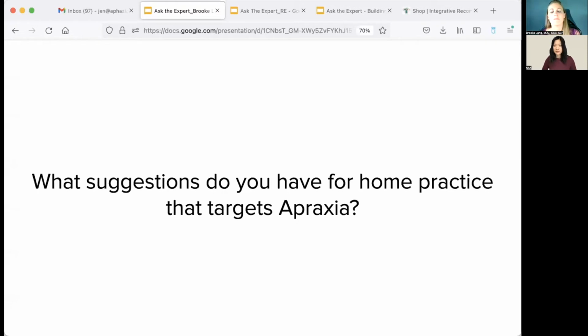So, in case for anybody who's listening who's not sure of the difference, apraxia is more of a speech disorder due to motor planning, motor programming challenges. Basically, your brain has trouble communicating to your mouth how to make the sounds.